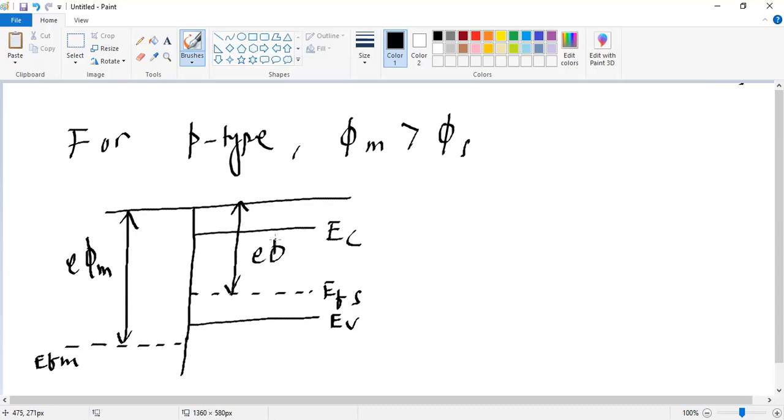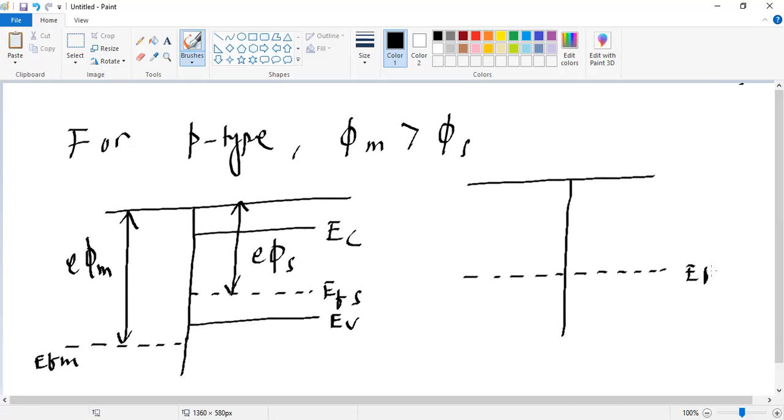Now when we make a contact between them, you can see what will happen. The EFM and EFS will now be constant in thermal equilibrium. This is your EFS, and this is your EFM. Then you can see the position of the EFS is at a higher position, and the Fermi energy level of the metal side is lower than that EFS.